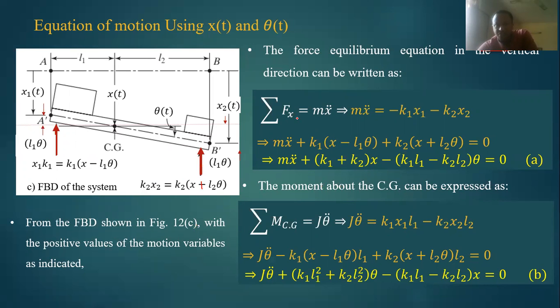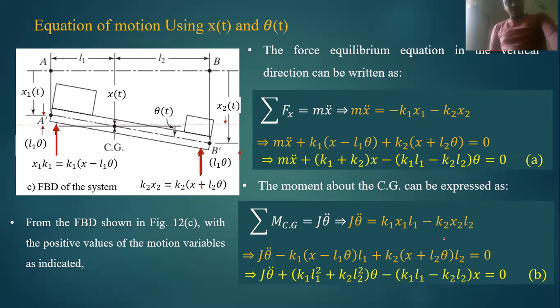So the summation of force in x gives us this equilibrium equation, equation A. The second one is the summation of moment about point O, or CG, which is equal to J theta double dot, equal to k1 x1 L1 minus k2 x2 L2.